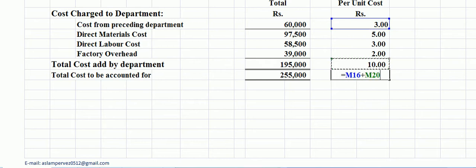Then we find the total cost per unit here. Students, 13 rupees is the total cost per unit.